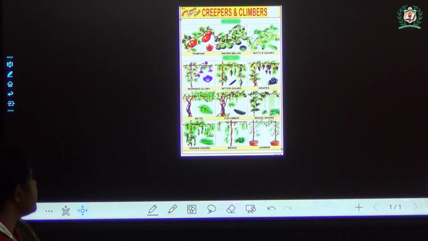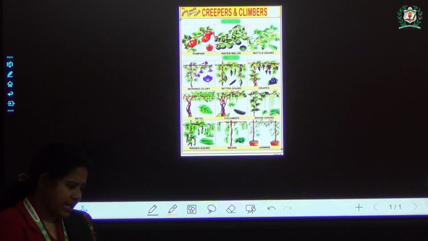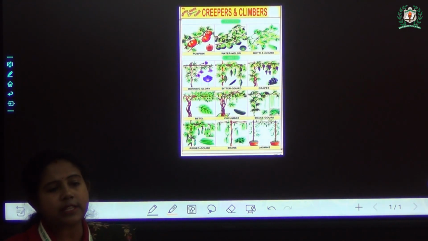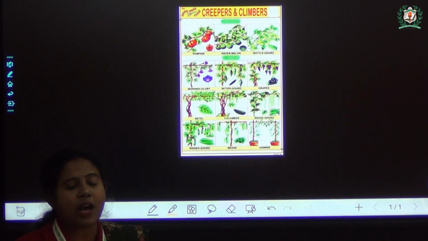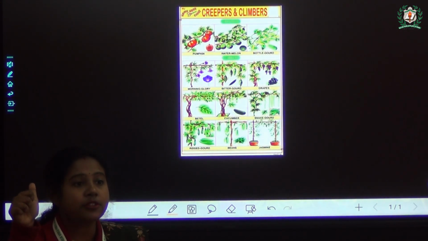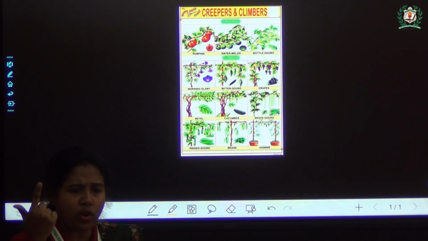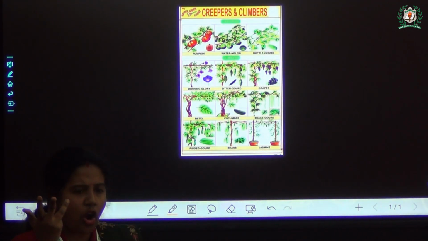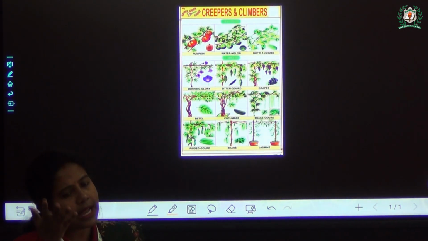Okay, so have a final revision of the topic. What we learned today: types of plants. What are the main types of plants? How many types of plants are there? Five. Number 1, number 2, number 3, number 4, and number 5.